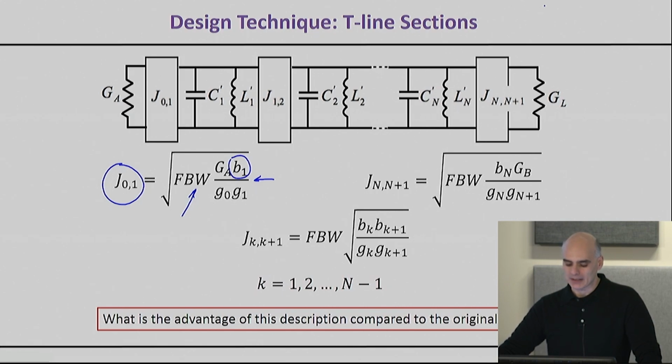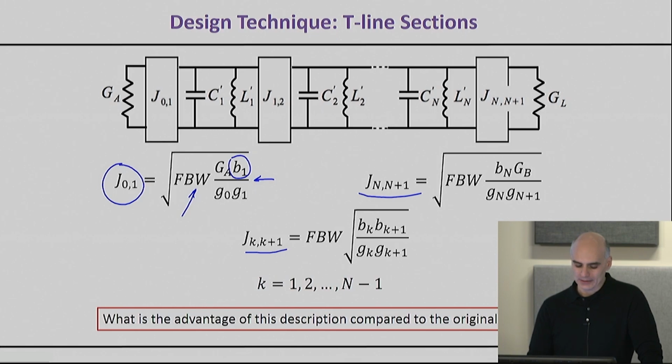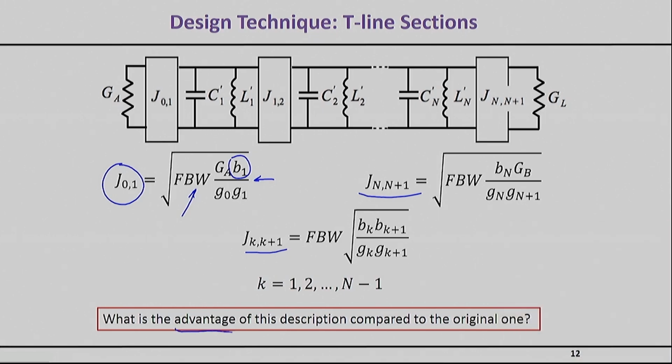And something very similar will be true for all resonators. So this is for all inverters. This is the last inverter, and this is the inter-resonator inverter. So clearly the advantage of this description compared to the original one is that it is now applicable to any resonator type, not just the lumped element one.